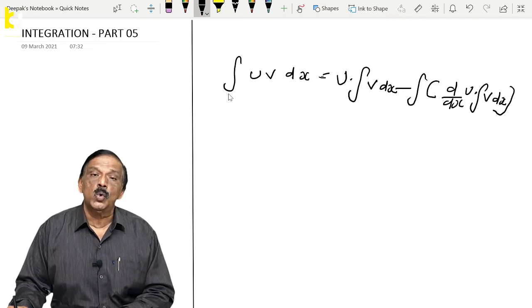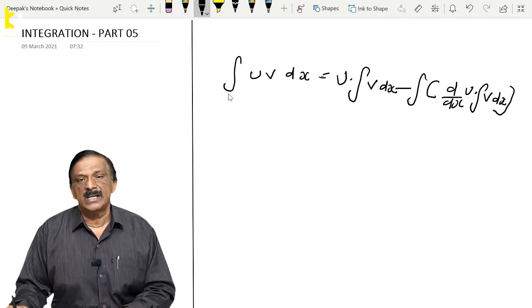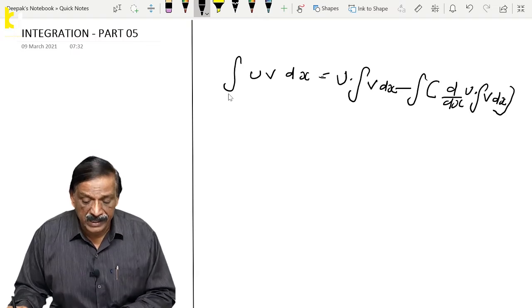That is integration by parts. The formula is integral uv dx equals u into integral of v dx minus integral of d by dx of u into integral of v dx.